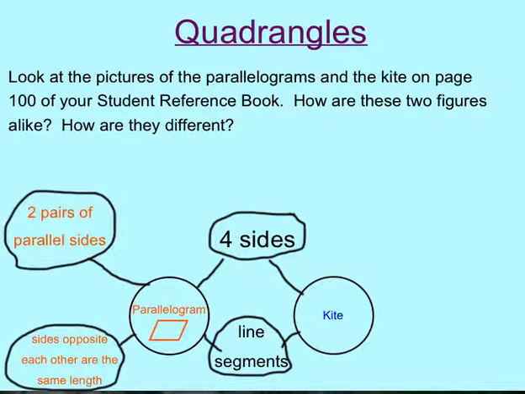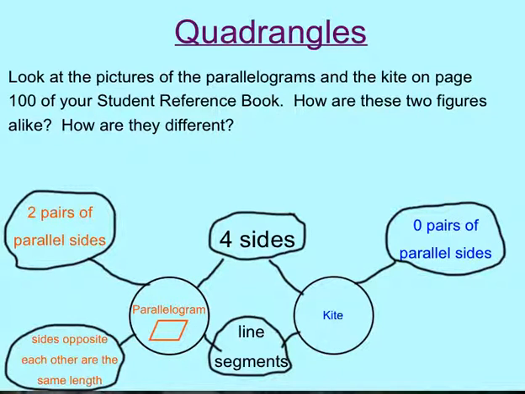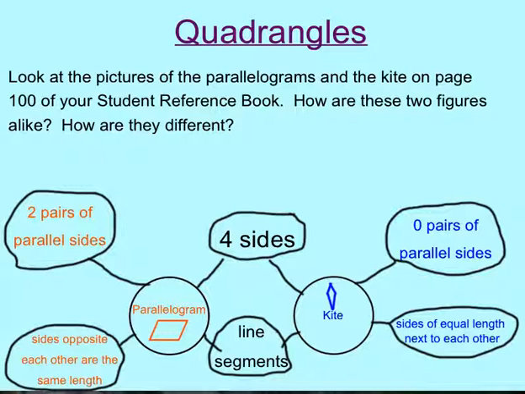But with kites, it doesn't have any parallel sides or pairs of parallel sides. And the sides of equal length are right next to each other. So in this little kite, this side and this side are equal length. This top right and top left are equal length.